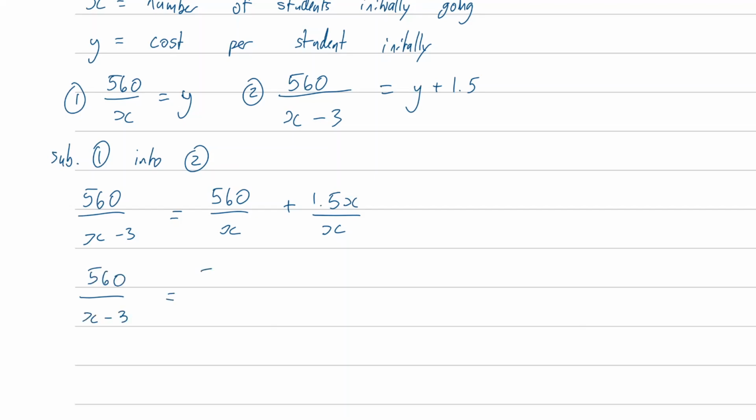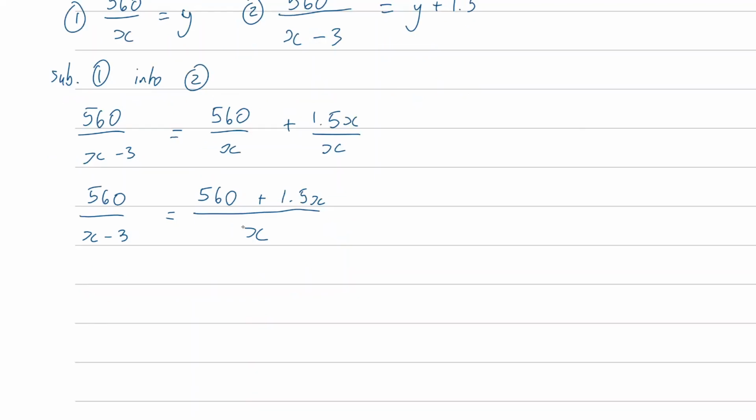So now we get 560 plus 1.5x all over x. Now we can multiply the numerators on both sides by the denominators of the opposite side.